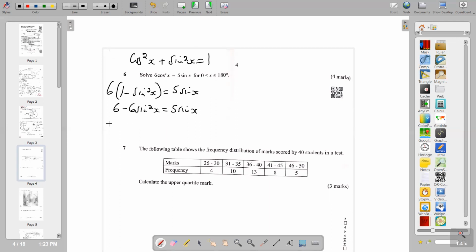So we're going to have minus 6 sine squared x minus 5 sine x plus 6 is equal to 0. Now this one is going to form a quadratic. You can say let sine x be equal to y, so that now you form a quadratic and then you solve it.